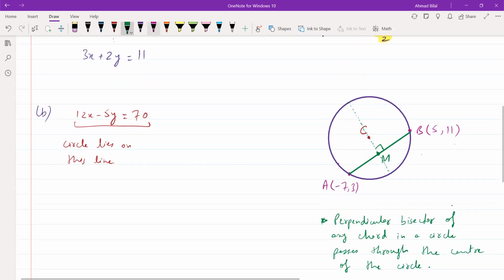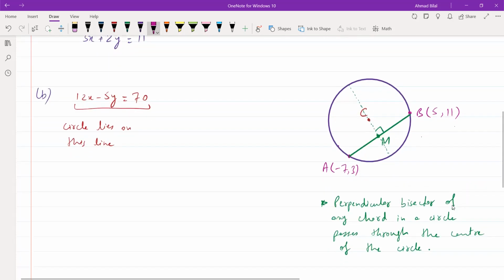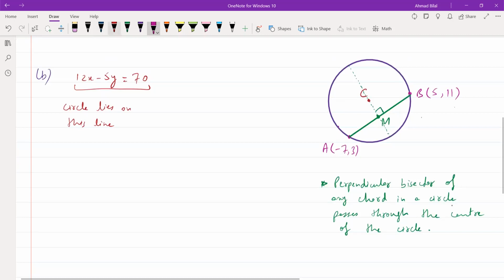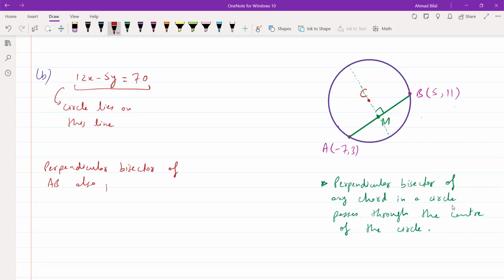Okay, so what we understand from that is the perpendicular bisector of AB also passes through the center.